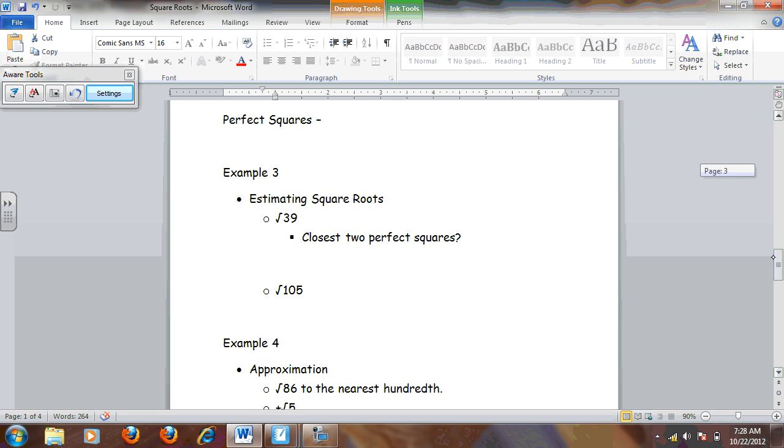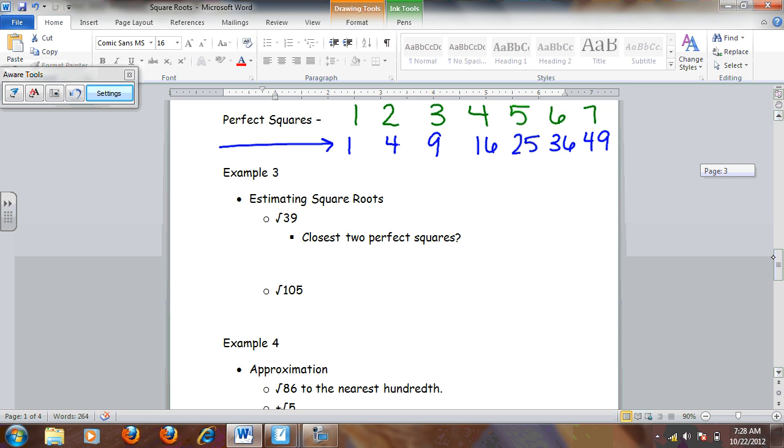If you look at the listing of consecutive integers, 1, 2, 3, 4, 5, 6, 7, the perfect squares are the squares of these numbers. So 1 squared is 1, 2 squared is 4, 3 squared is 9, 4 squared is 16, 5 squared is 25, 6 squared is 36, 7 squared is 49. These numbers are your perfect squares.